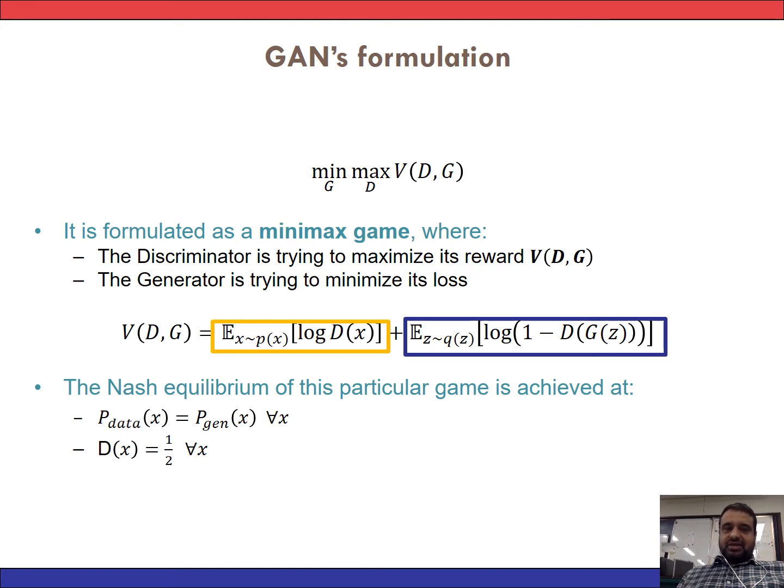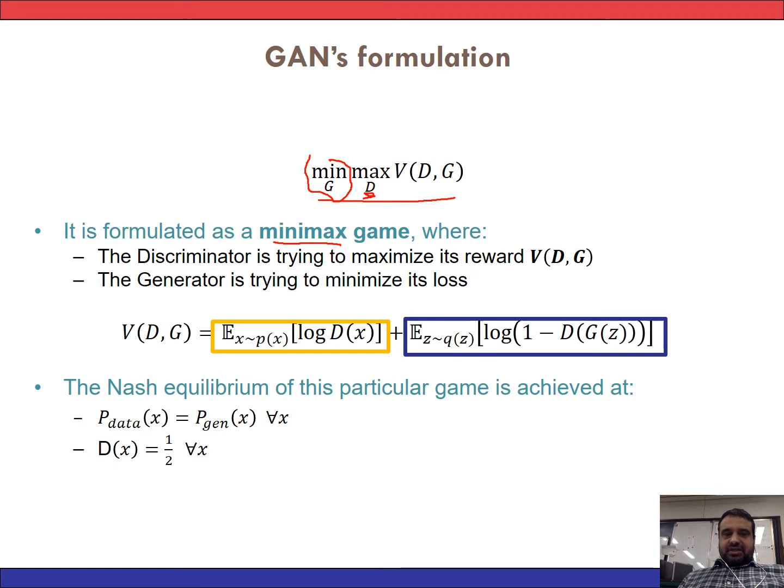So this is kind of a minimax game, where we are trying to minimize one whereas maximizing the other. This is the short representation of our objective, where we are minimizing with respect to the parameters of the generator, and maximizing this objective while training the parameters of the discriminator.